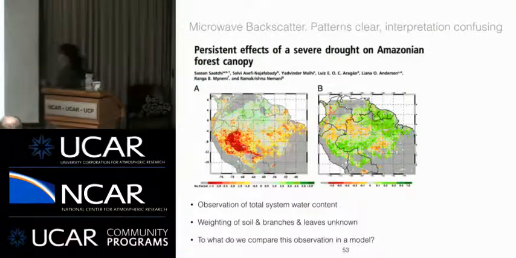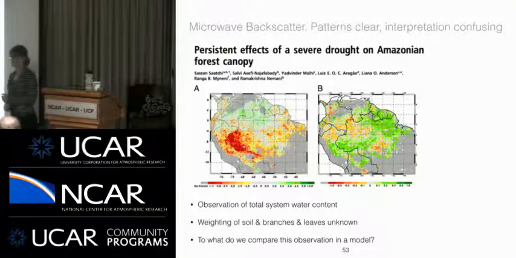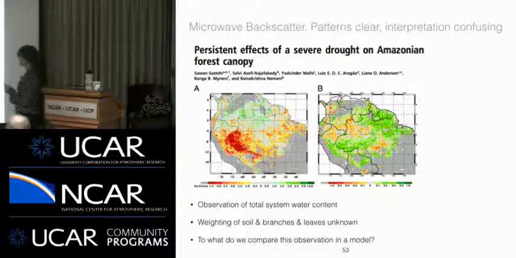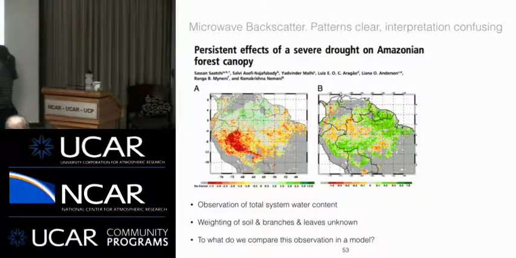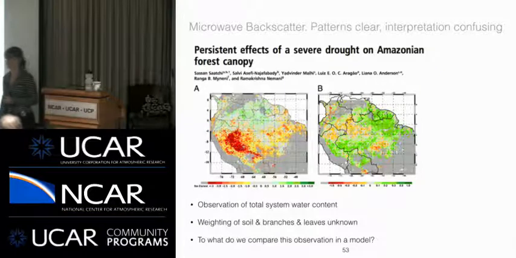Another slightly more puzzling satellite product is microwave backscatter. This piece of data cropped up in the literature a few times in the last year or so. And this is the microwave backscatter observations from the 2010 drought in Amazonia.